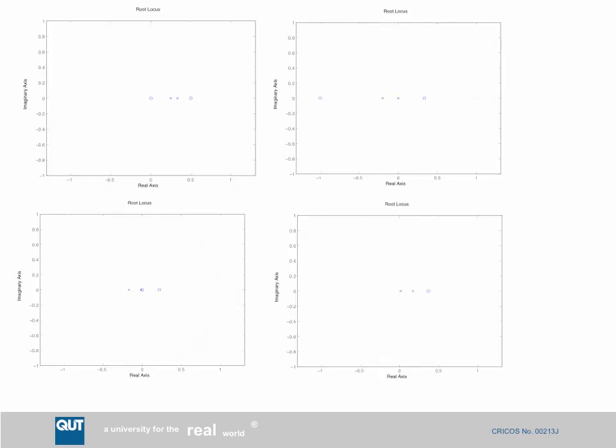So here's a summary of the pole zero configuration, and the order is from top left to bottom right. It is the backward integration, the Tustin transform, the Z transform, and the pole zero mapping. Interesting to note with the Z transform that there is almost a pole zero cancellation at the origin, which they cancel out, leaving effectively 1 pole and 1 zero.